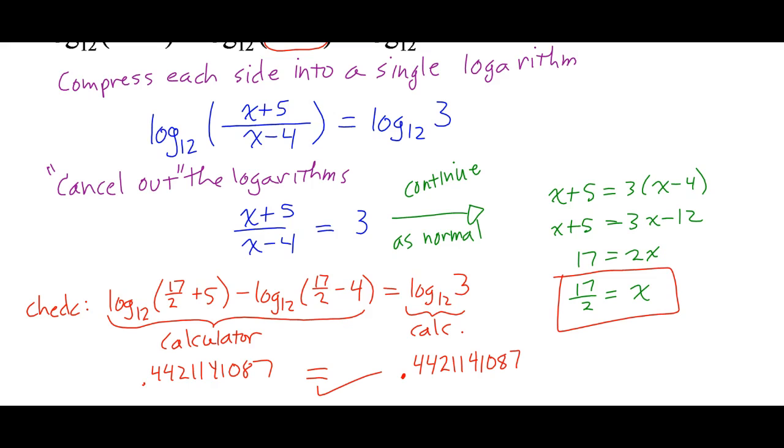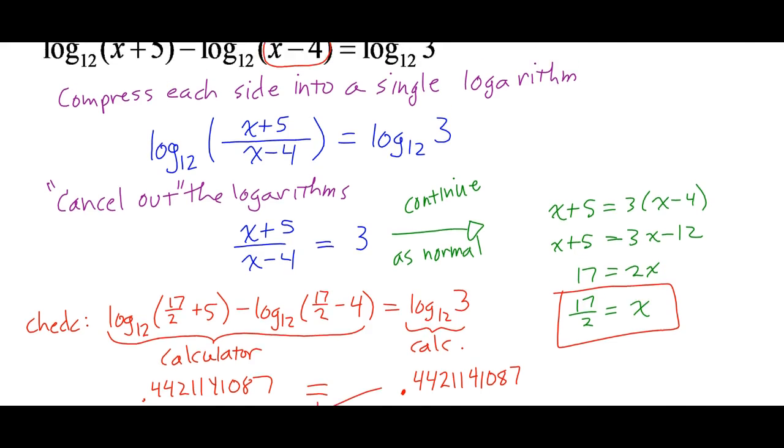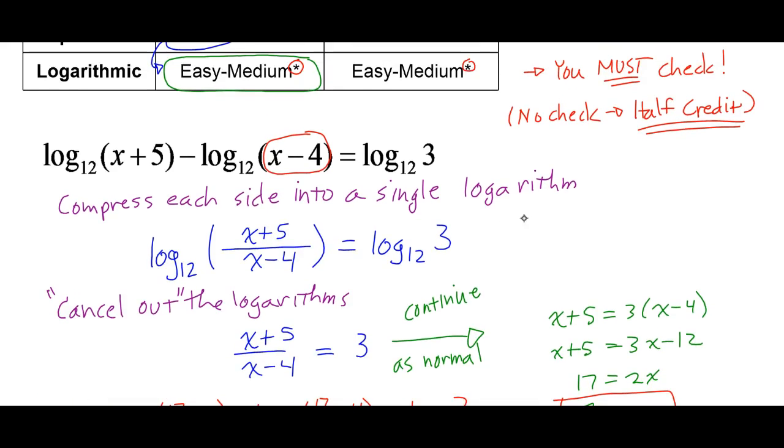So, let me reiterate what the steps are here to make sure it's perfectly clear. Step 1, compress each side into a single logarithm. Step 2, cancel out the logarithms. Be careful. If some part of you is worried, what if the logarithms aren't the same? Like what if one's base 12 and the other's base 7? Don't worry about it. That will never happen. I've never actually seen any textbook ever that uses equations that have more than one base in the same problem.